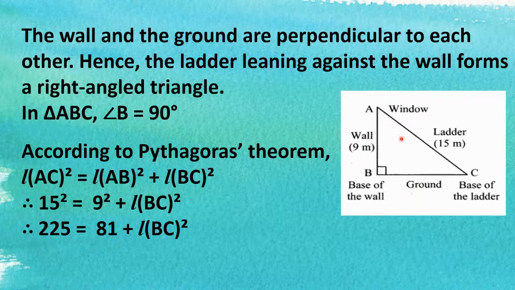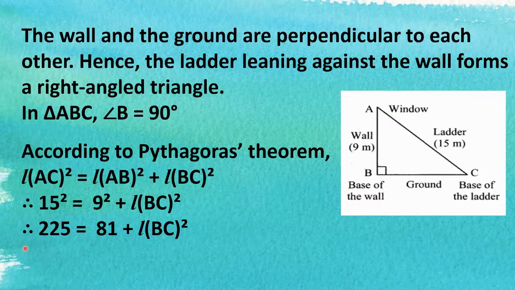So length of AC square is equal to length of AB square plus length of BC square. Therefore 15 square is equal to 9 square plus length of BC square. So 15 square is 225, that is equal to 9 square which is 81, plus length of BC square.